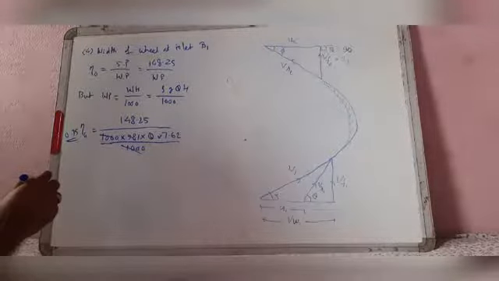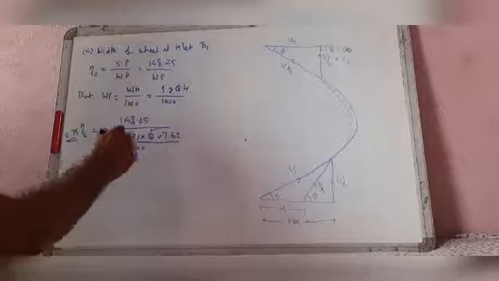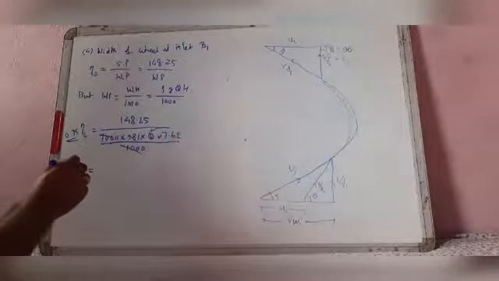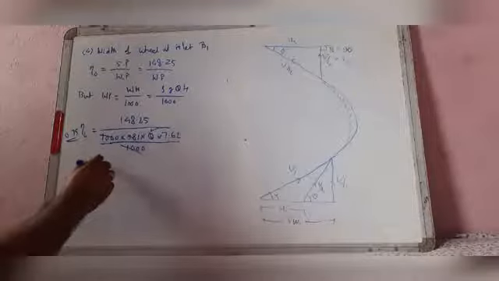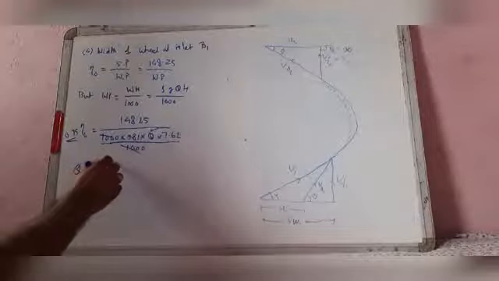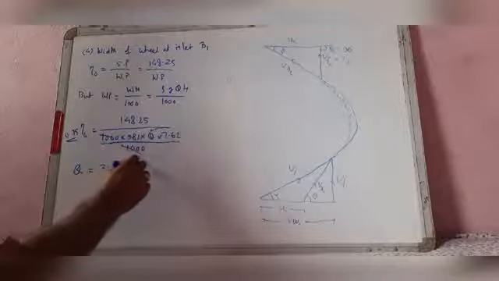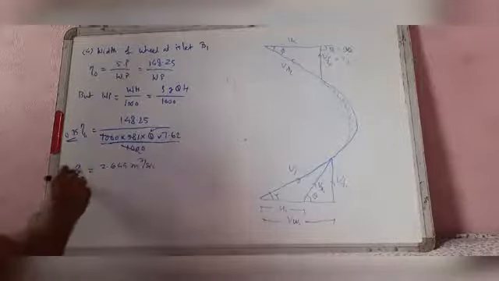So we calculate Q from here: Q equal to 2.644 meter cube per second.